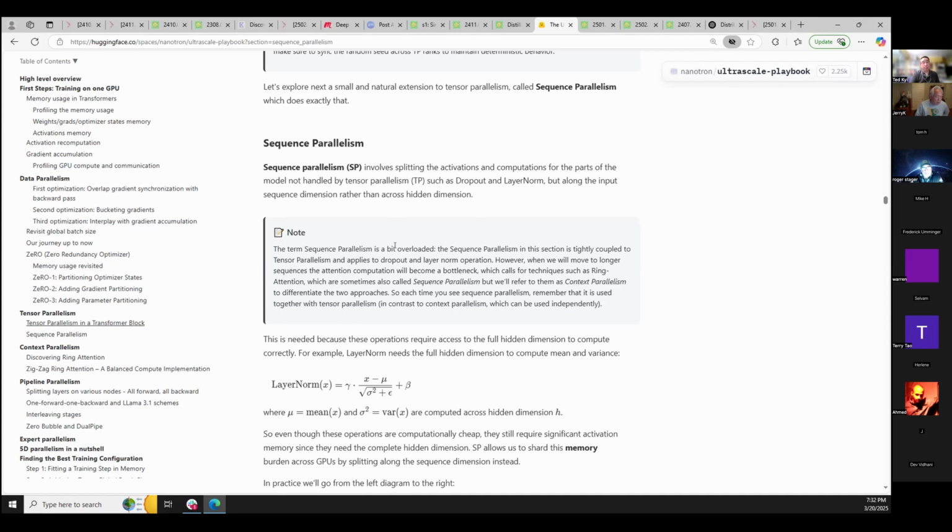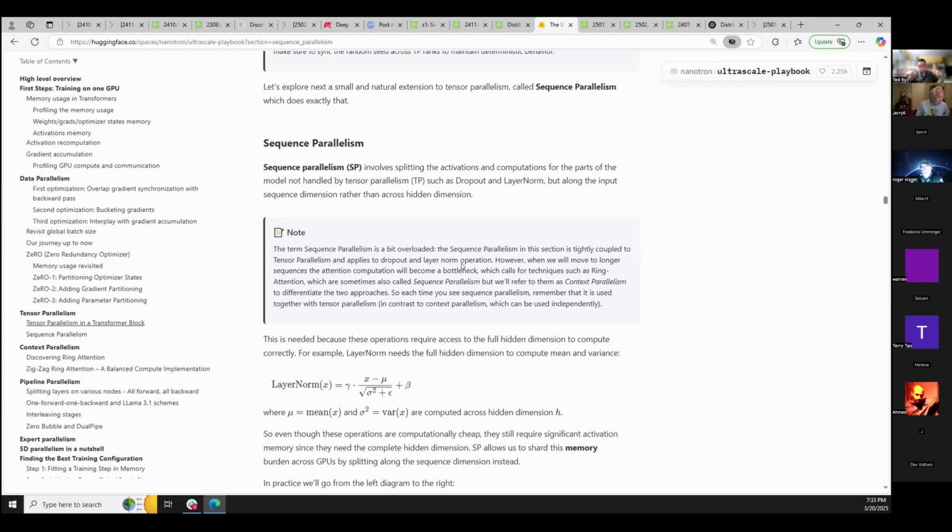It turns out that real LLMs don't just have MLPs and attention layers. They have normalization layers, and they have dropout. Dropout, depending on how it's implemented, might be easy if it's dumb dropout. If it's smart dropout, then it needs information. Layer norm specifically does a calculation across the embedding.